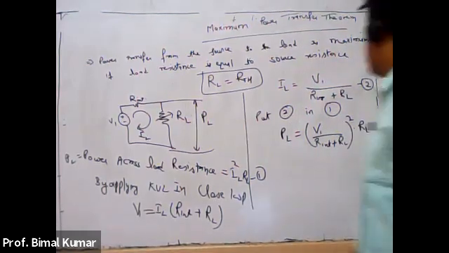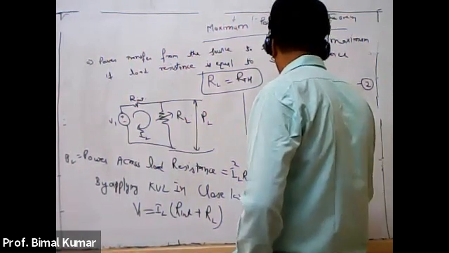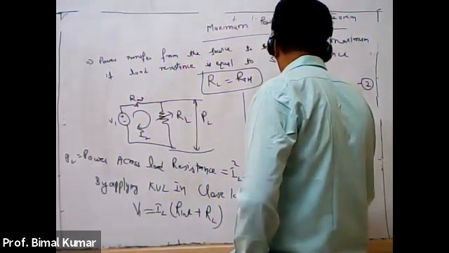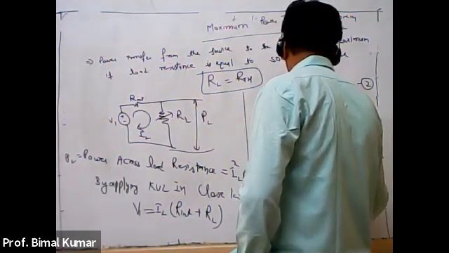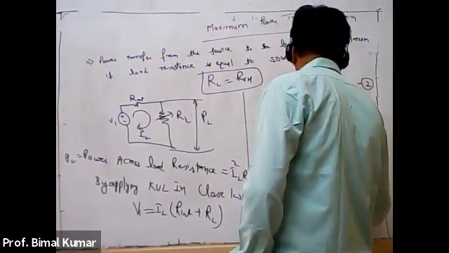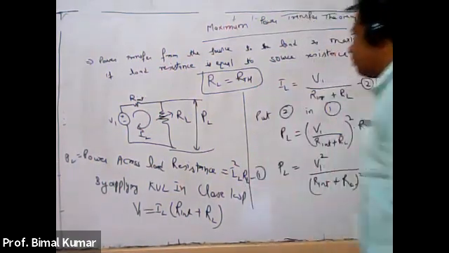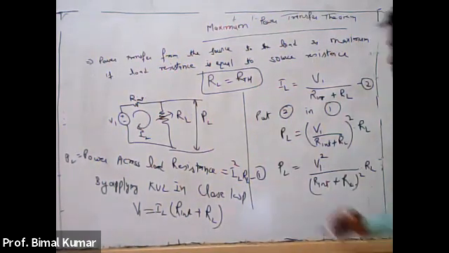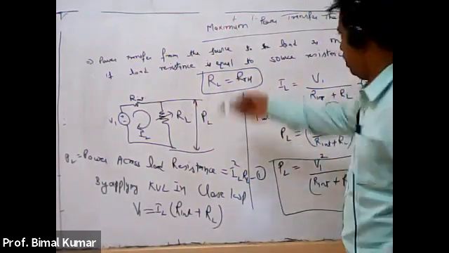Right. So PL is equal to V1 square divided by R internal plus RL, its whole square, into RL. Right. So this is the value of power across the load in this particular circuit.